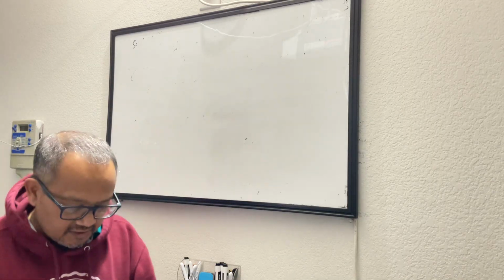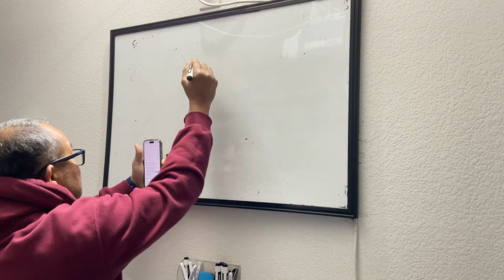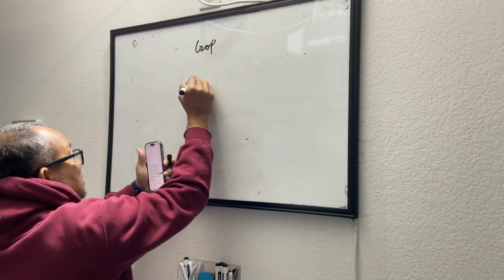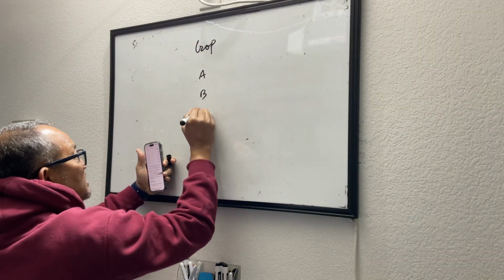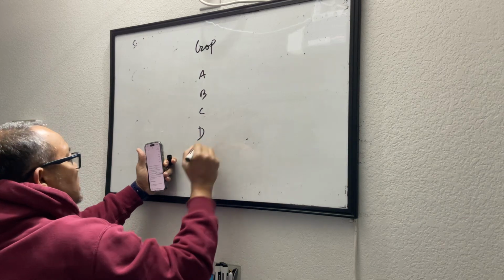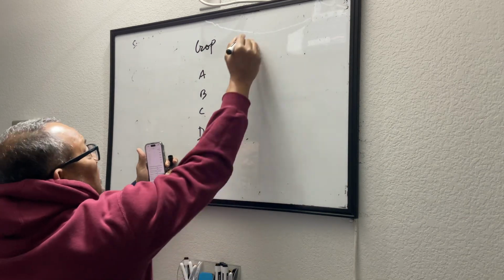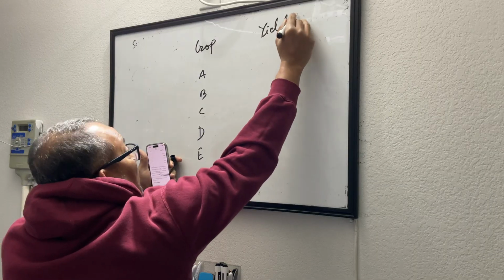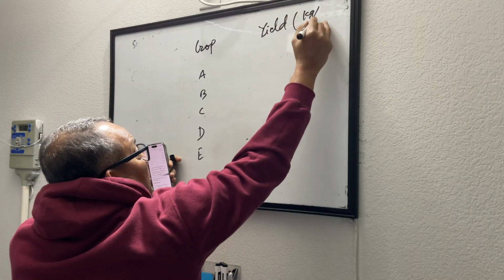So here's the question. I have certain things in the form of a table. Crop A, B, C, D, E, and then yield in terms of kilogram per hectare.